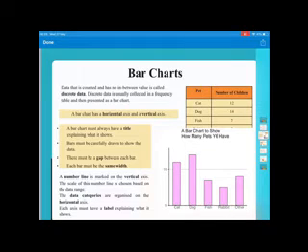Bar charts can be shown as in this picture, where they are lined up on the horizontal or x-axis, but they can also be shown with them lined up on the y-axis, or so that the bars go in a horizontal manner.